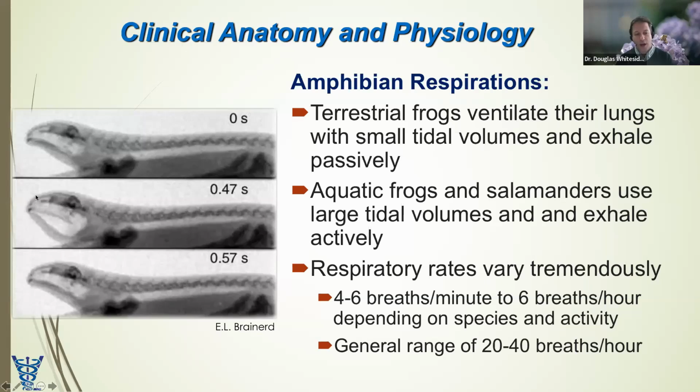So basically they'll draw in air through their nares, through that bucopharyngeal pumping action. And then they'll compress this area here, and that's what ends up forcing the air into the lung. So basically it's a forced ventilation into the lung.